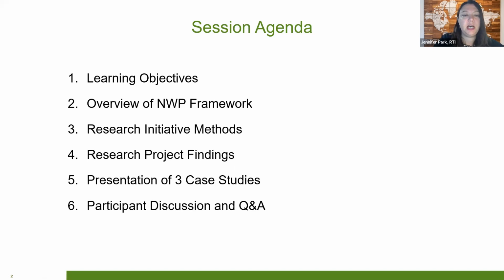We will then make a presentation of 3 case studies that represent the 3 dimensions of nature, wealth, and power, and those will be presented by my colleagues Thaddeus Binamungu, Darsono Hartono, and Bukola Ehimati to demonstrate some real-world examples of nature, wealth, and power dimensions. And then finally, we will close with a bit of time for participant discussion and Q&A. Next slide, please.